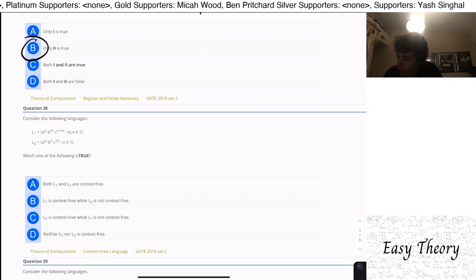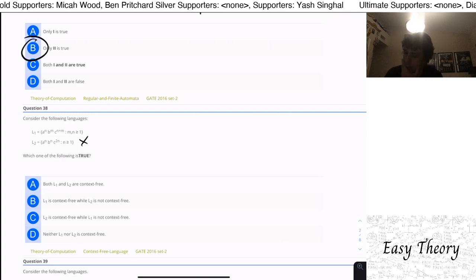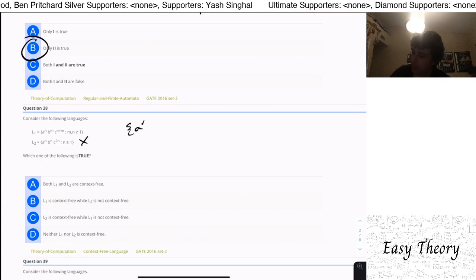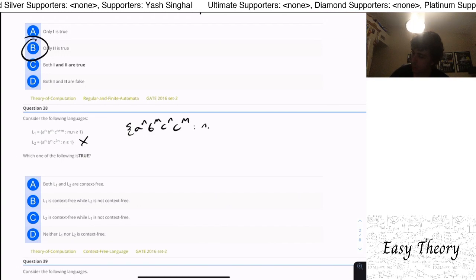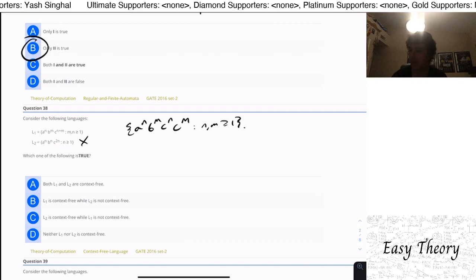So which ones are context-free? L2 is not context-free. L1 is context-free because if you think about it, we can break up the string like this, where we push on the A's, push on the B's, and then pop off the C's later, and then accept if the counts are the same.